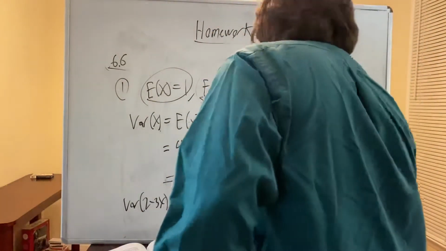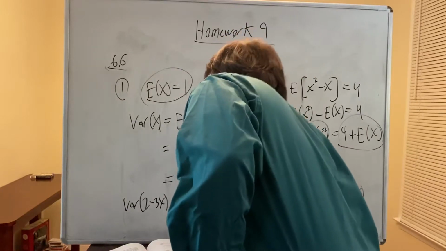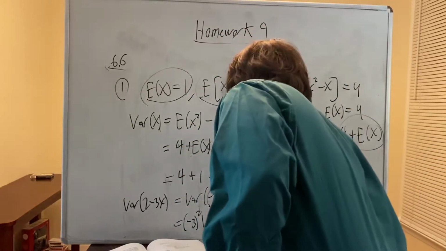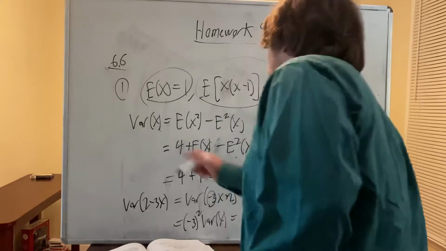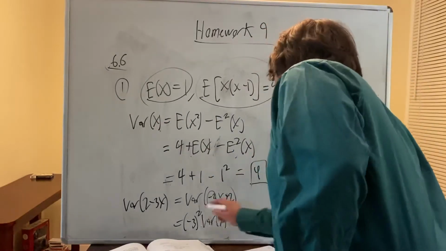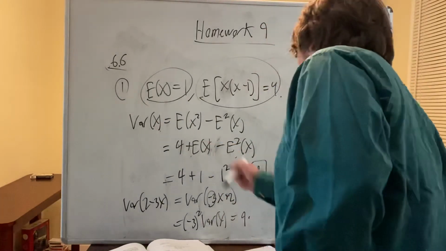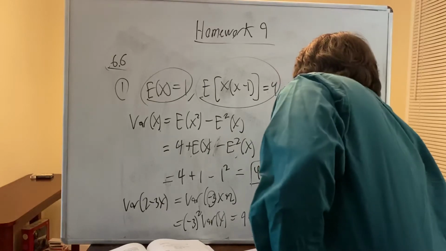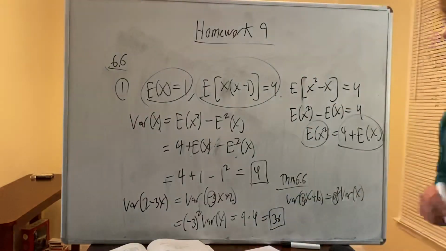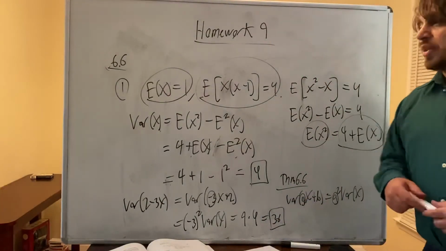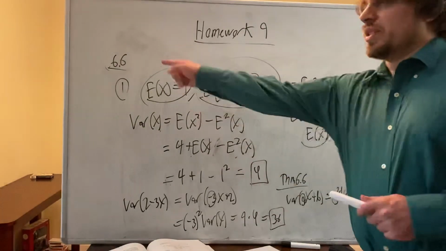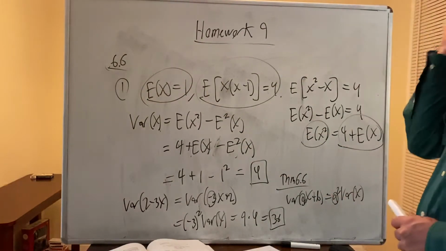So this is equal to negative 3 squared times the variance of X, which we found is 4. Negative 3 squared is 9, times 4 is 36. So the variance of 2 minus 3X is 36, and that's the answer to number 1 in section 6.6.